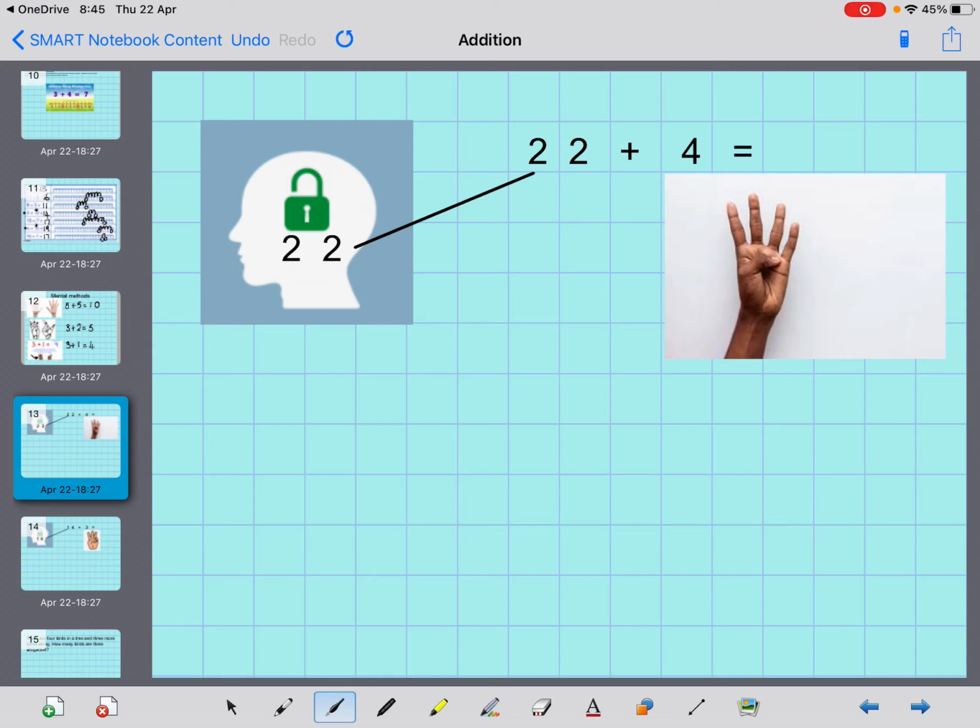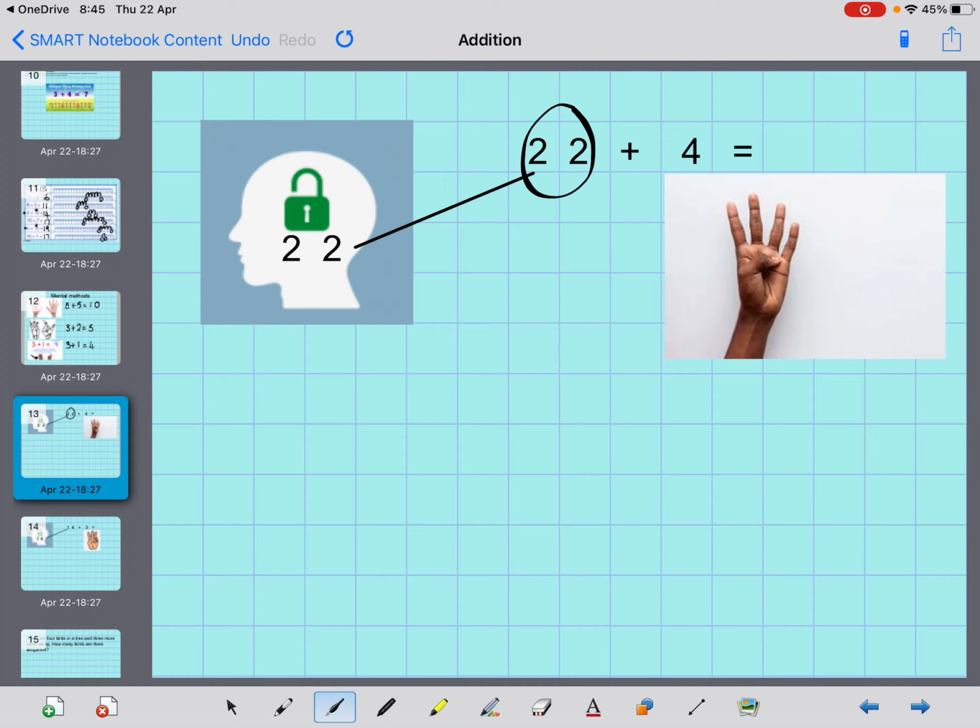Then we can move to working out more mentally by locking larger numbers that are above 10 in my head. Because I don't have 22 fingers, I can lock 22 in my head. I can get 4 fingers out, and just like I would do on a number line, starting from 22, I'm going to pinch each of my 4 fingers as I count on to the next numbers.